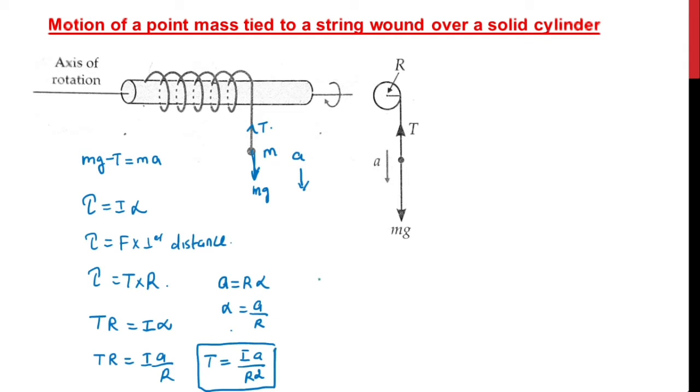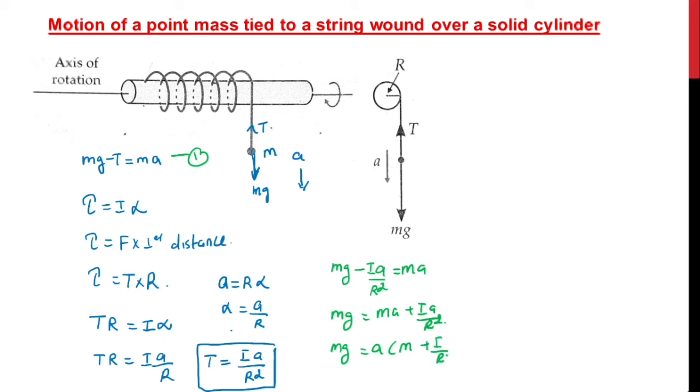Now let's substitute this value in equation number 1. We can write mg minus tension, where tension is equal to I a divided by R square, is equal to m a. So mg is equal to m a plus I a divided by R square. Now a can be taken outside, so mg is equal to a into m plus I divided by R square.